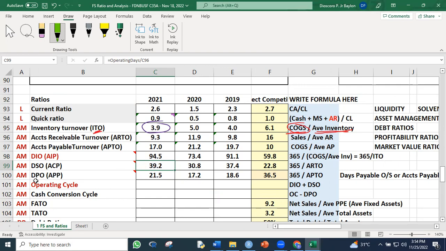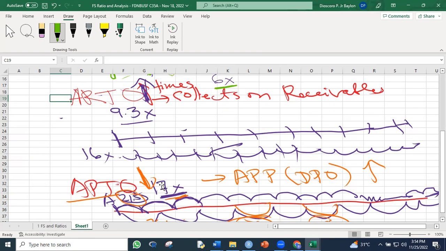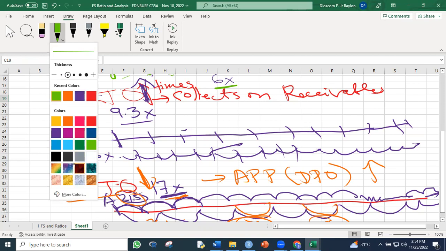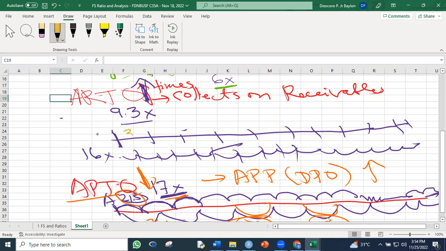Day sales outstanding or average collection period. 39 days to. So bawat cycle 39 days.